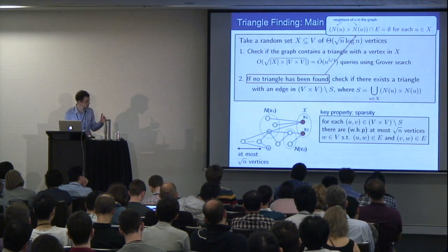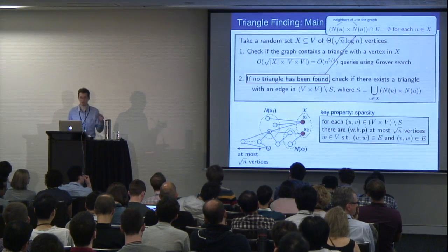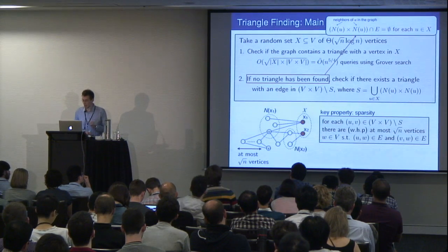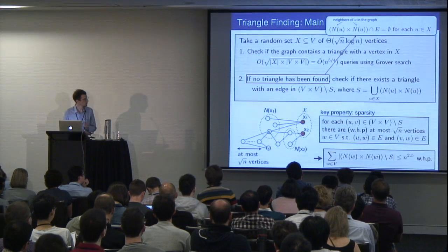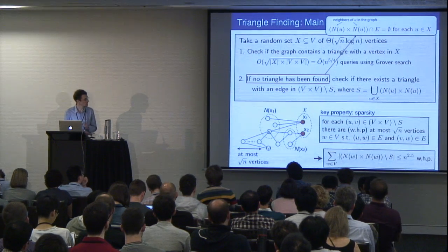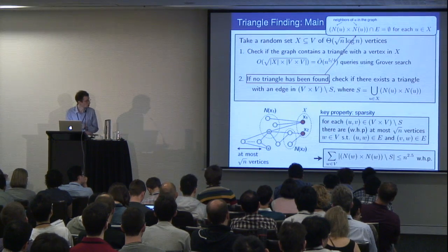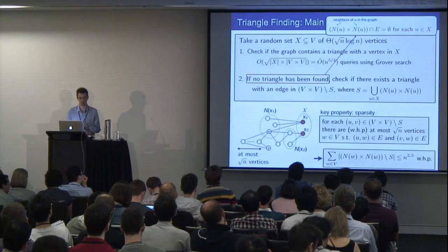Why? Because if it is not the case, if there are more than square root n vertices, then with high probability, uv will be put in S. Okay? And this key property, from a simple, straightforward counting argument, implies the following inequality: the sum of the sizes of these sets is upper bounded by n to the 2.5.